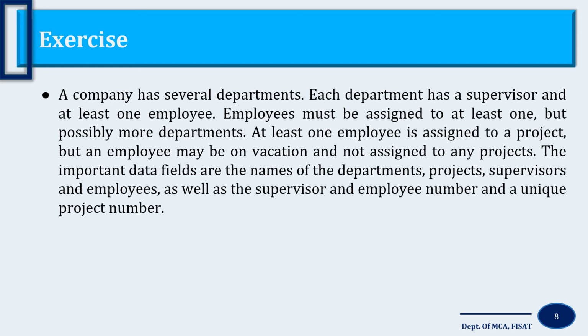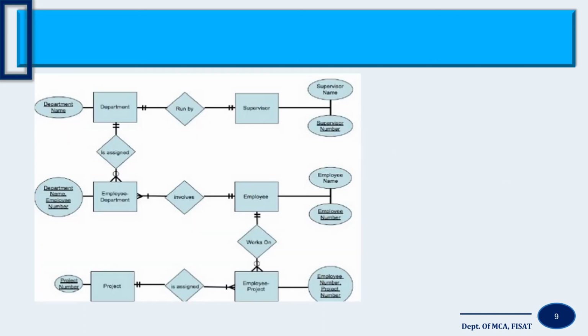So for this, we are supposed to draw an ER diagram. The first step is we have to identify the various entities, then the associated attributes, then identify the corresponding relationships between the entities. Okay, try it out. So from the above scenario, we identified various entities.